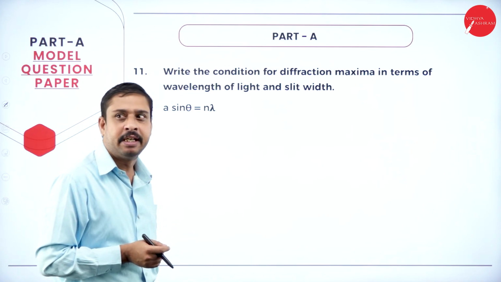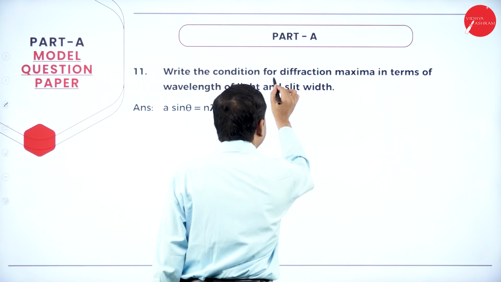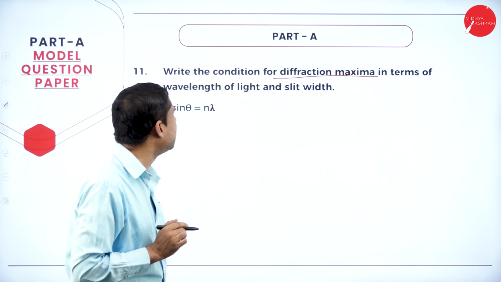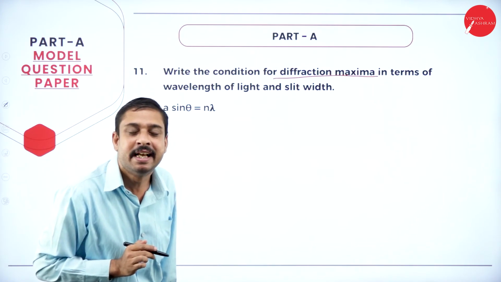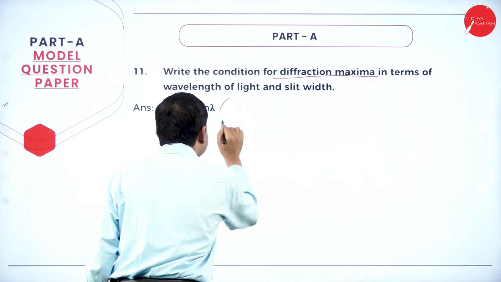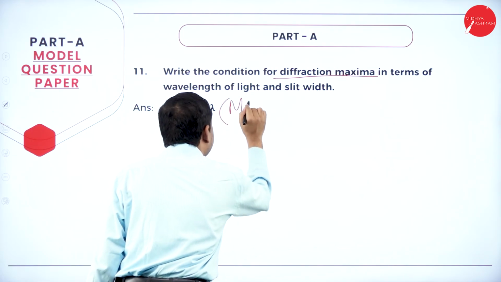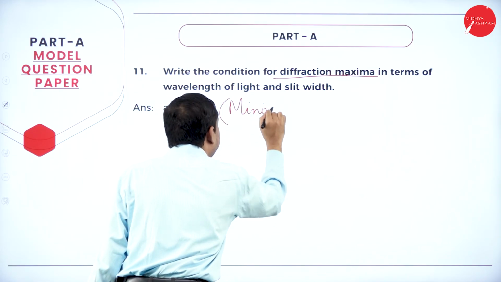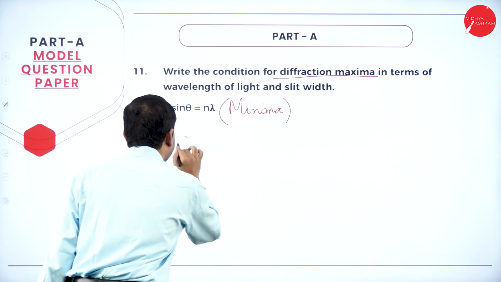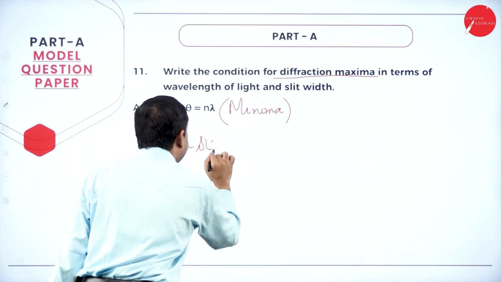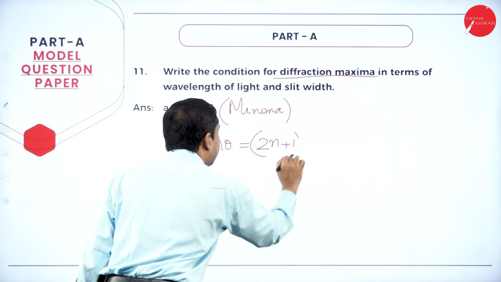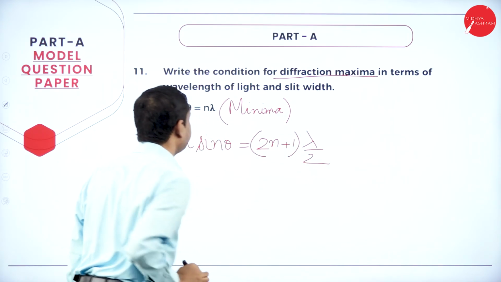Write the condition for diffraction maxima in terms of wavelength of light and slit. Generally you know the condition for minima, but when it comes to maxima, it is a sin theta equals (2n plus 1) lambda by 2.